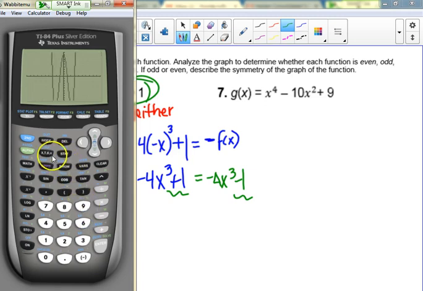I could do a zoom standard and then zoom out a little bit. I don't like that window either. All right, I changed my y's to -20 to 20, but what are you thinking? Anybody?